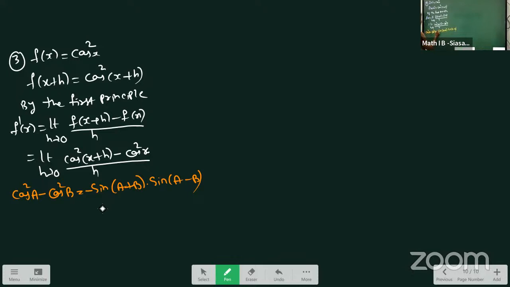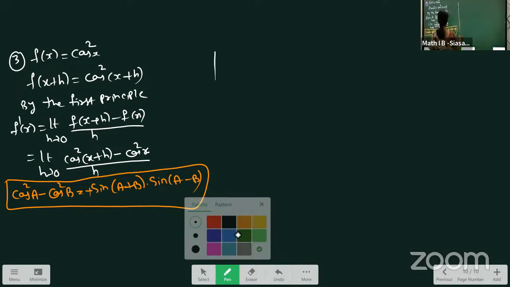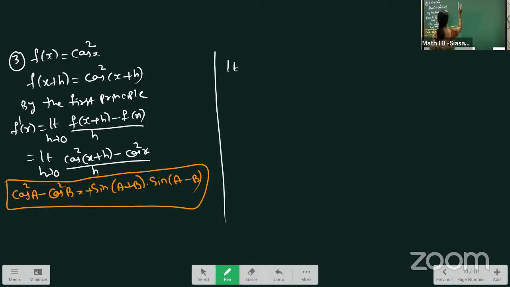If not, you can ignore this also. Now substitute. Limit h tends to 0, cos square x plus h minus cos square x can be written in terms of sin x plus h plus x into sin x plus h minus x.